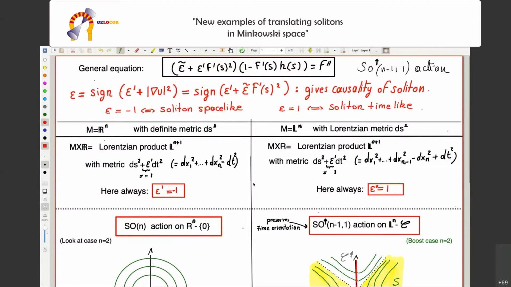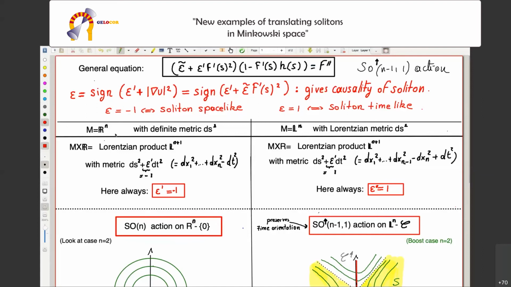But let me start with the beginning. Remember, this epsilon was the sign of the norm of the normal vector, so it gives me the causality of the soliton. If epsilon is equal to -1, I have a space-like soliton. If epsilon is equal to 1, I have a time-like soliton.